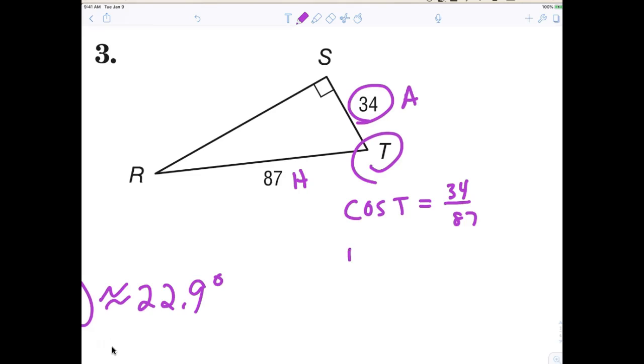So T is equal to the inverse cosine of 34 over 87, which is about 66.9. All right, 67 degrees. I'm not arguing over rounding. Anybody have any questions with that? I told you it's very easy once you understand the definitions.